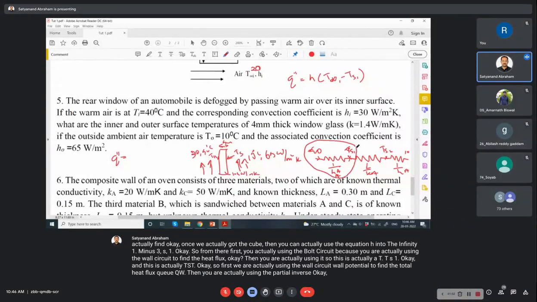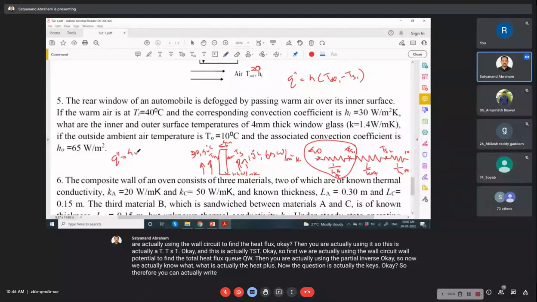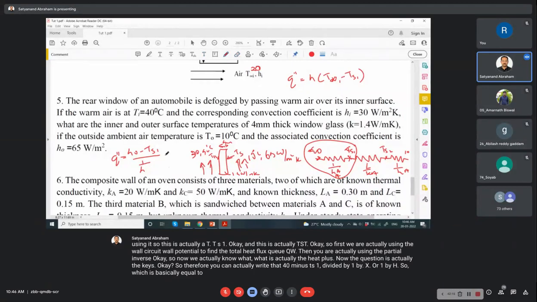So now we know the heat flux, and the question is the Ts. Therefore you can write 40 minus Ts1 divided by 1 by h, which is equal to h into T infinity 1 minus Ts1. Basically the same thing.